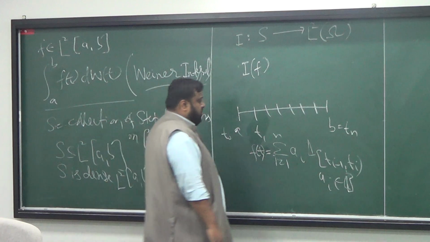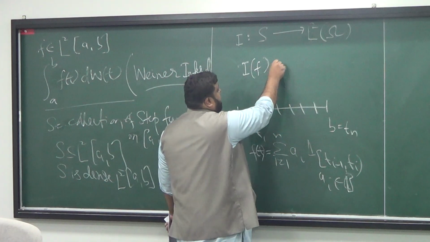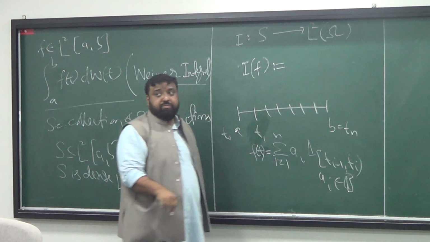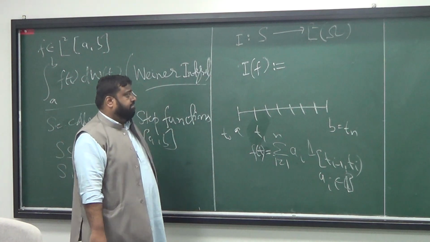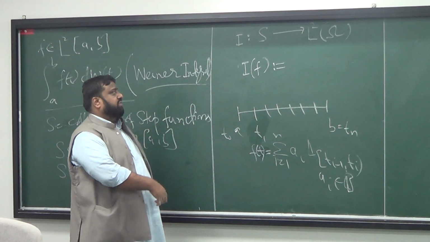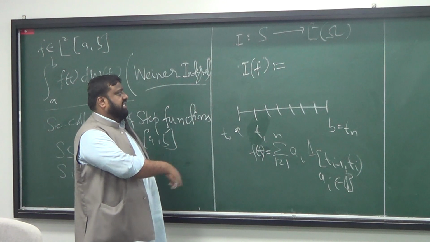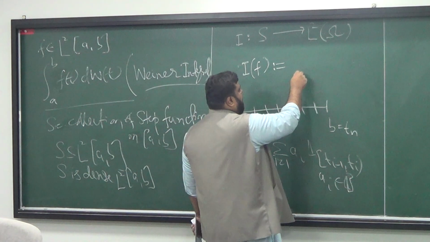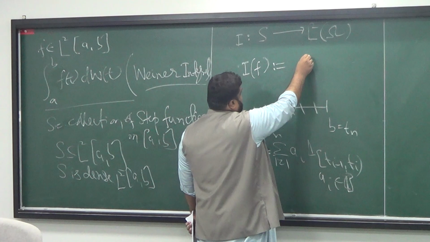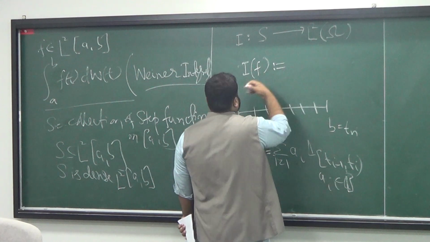Okay. So we have a step function. What is the meaning of integrating such a step function with respect to the Brownian motion?